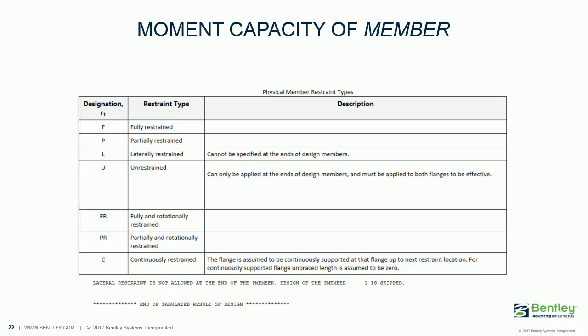Very importantly, all these restraint conditions can only be defined if you have modeled it as a physical member, because this can only be defined if you have invoked the P brace, and the P brace definition can only be defined if you have clicked on the toggle on button of the physical member icon. That is very important because as we have been emphasizing and giving more and more importance to physical member design, these restraints can only be available if you are working on physical modeling.